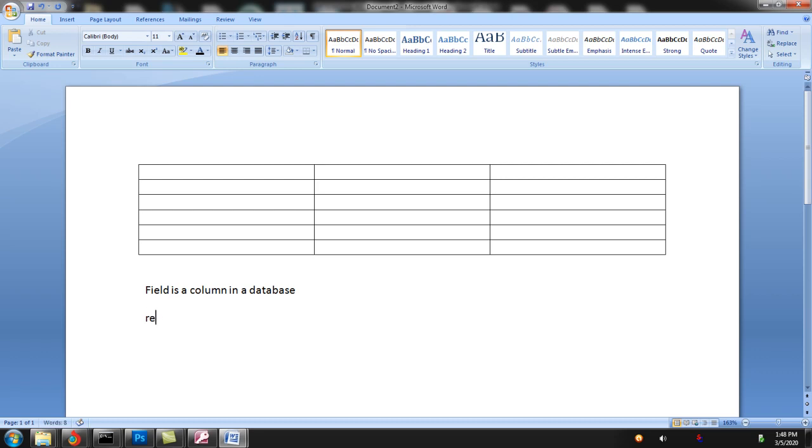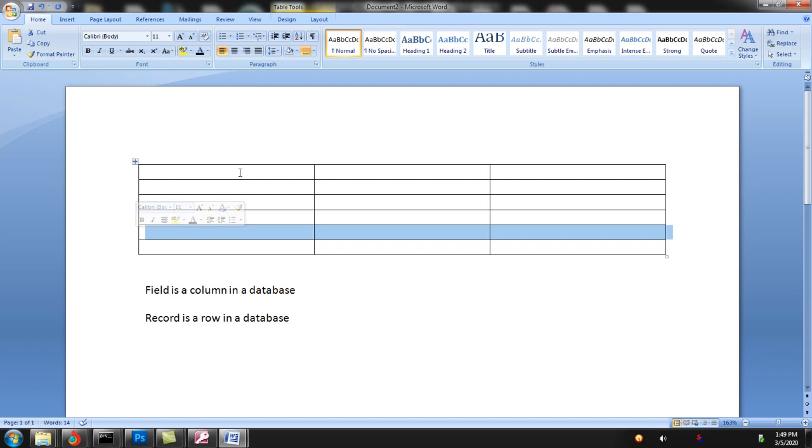So a record is a row in a database. This is a field, and this is a field, and this is also a field. However, this is a row, and this is a row, and this is a row.